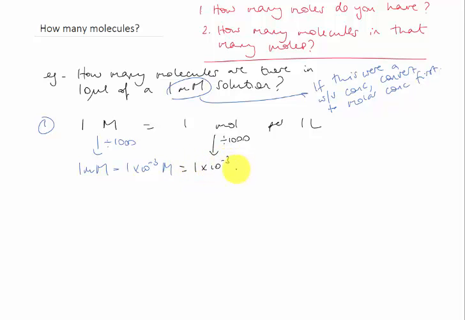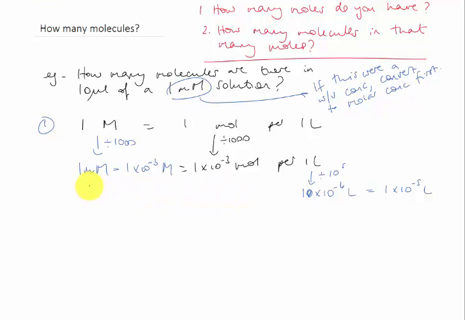times 10 to the minus 3 moles per 1 litre, and we don't have 1 litre, we have 10 microliters, so that's 10 times 10 to the minus 6 litres. So to go from there to there, we have to divide by 10 to the power 5, because 10 times 10 to the minus 6 is 1 times 10 to the minus 5 litres.